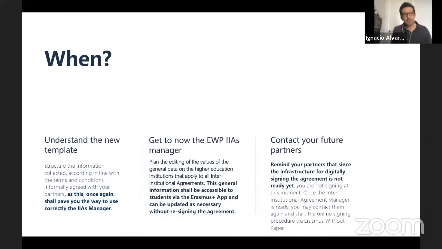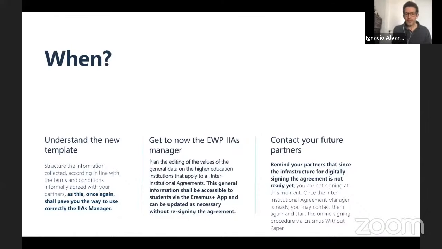So if we want to be ready for the deadline established by the Commission, that is, an interinstitutional agreement supporting a specific mobility in the academic year 2022-2023, let's say September 2022, should we sign at that moment? We have to start now.